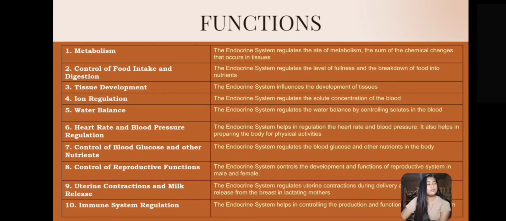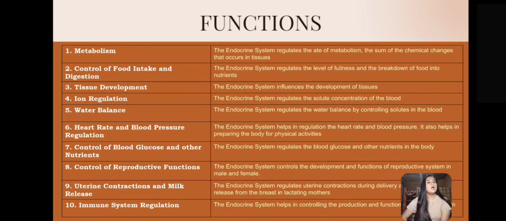It regulates the level of fullness and breakdown of food into nutrients. Number three, tissue development. The endocrine system influences the development of the tissues in our body. Number four, ion regulation. The endocrine system regulates the solute concentration of the blood.